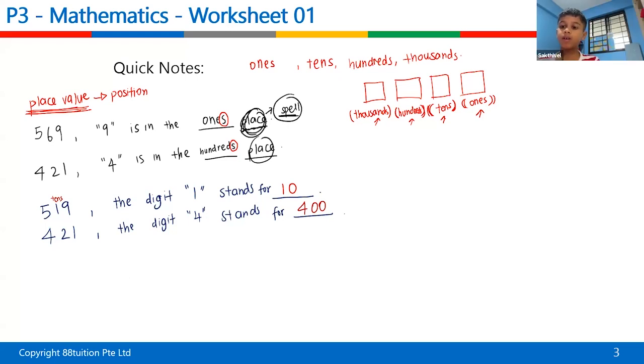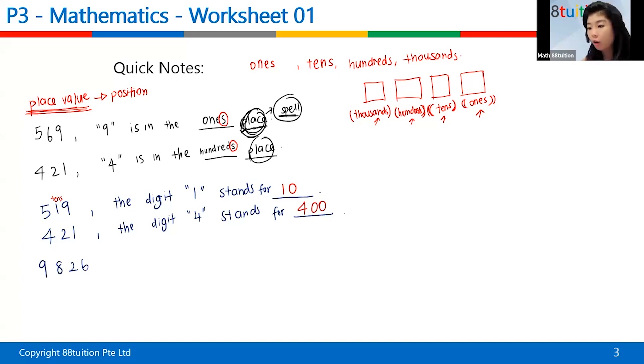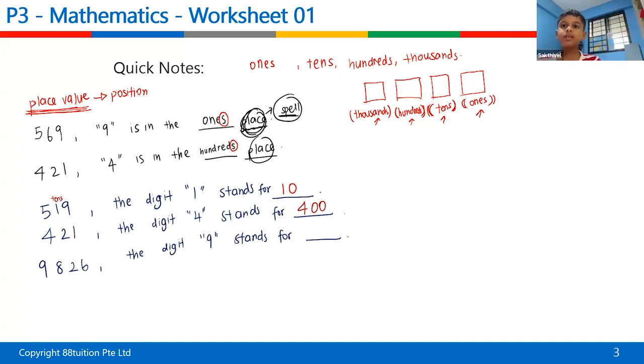Are we clear, both of y'all? Yeah. Let's give one more example to try, in case you are confused. Let's introduce a thousands number now. 9826. All right? The digit 9, Sakti, what does it stand for? The digit 9 stands for 100.